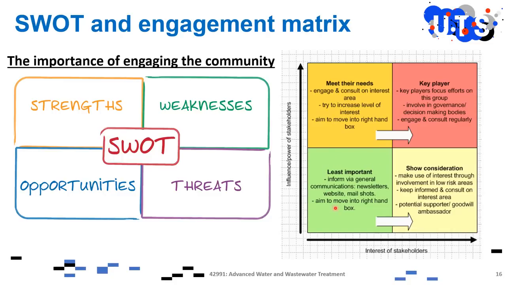You need to focus your effort on people who have influence on the specific project, for example, the key players, whose needs need to be met. So you have a matrix of the interest of the stakeholders and the influence or power of the stakeholders. This kind of strategy we are going to discuss in our next slides, in the next lecture.